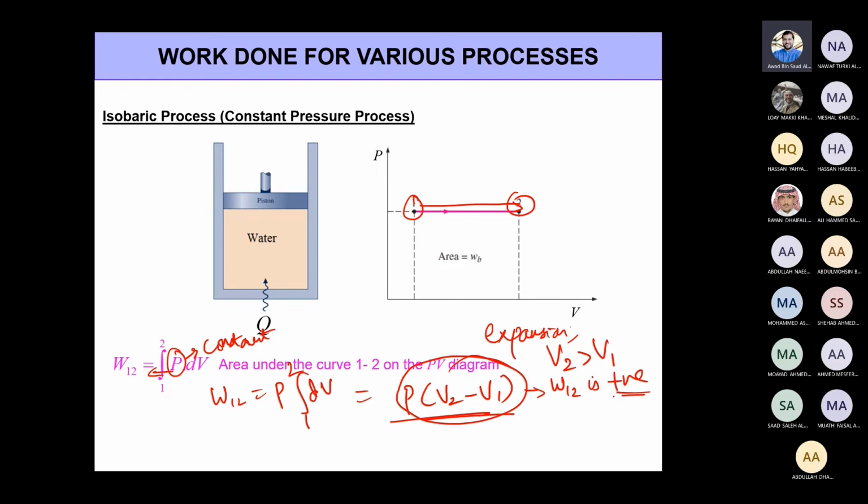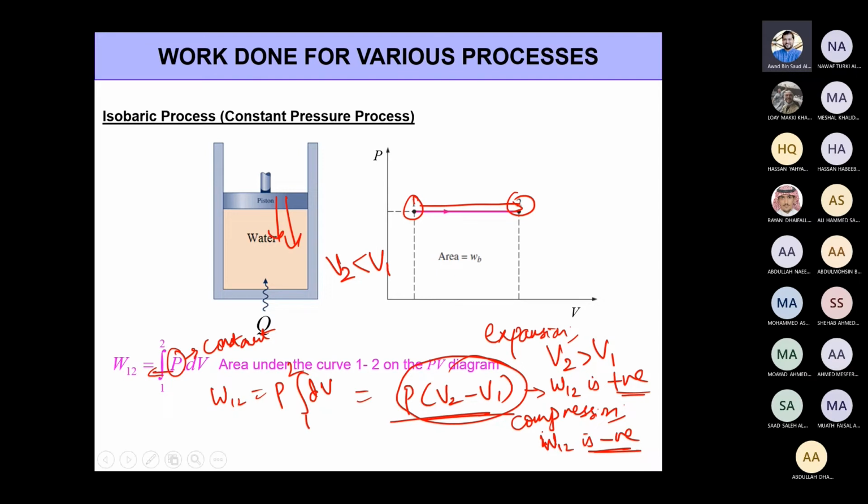On the other hand, if you're talking about compression, when you compress something, let's say this piston compresses the water, the volume V2 is going to be smaller than V1. Here we're talking pressure times (V2 minus V1), and if V2 is smaller than V1, then W12 is negative.